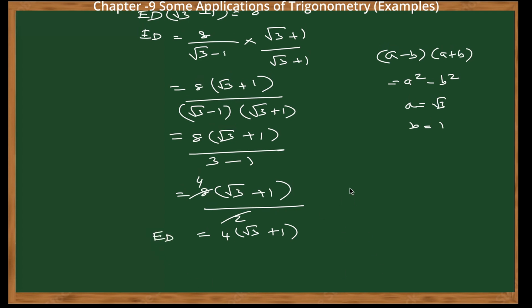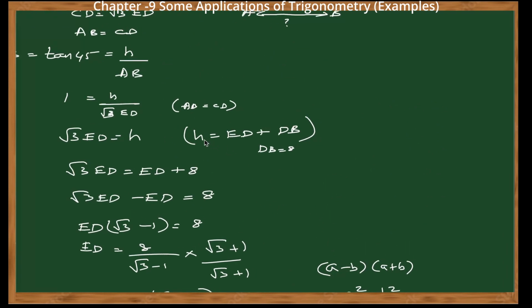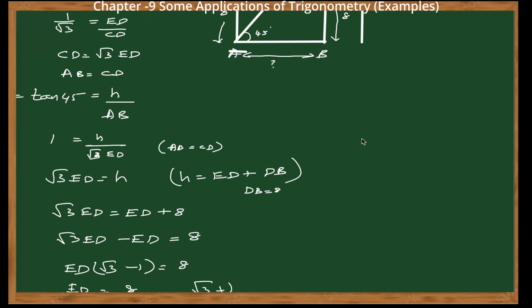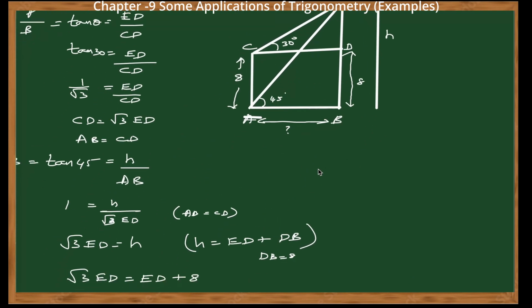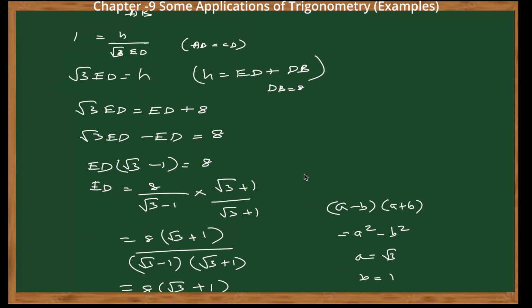From this we need to find the height h, which is nothing but ED plus DB. DB value we have as 8. So the value of h is ED, which is 4 into root 3 plus 1, plus the DB value, 8.